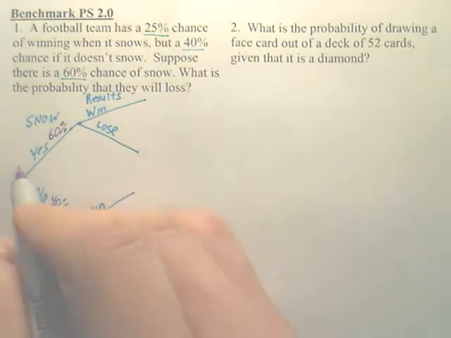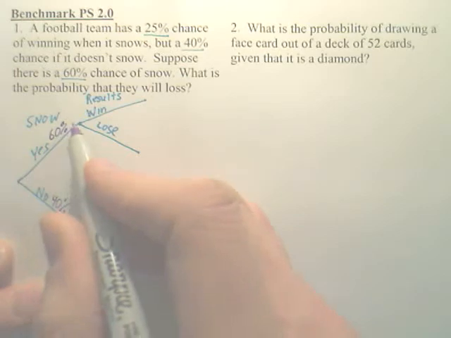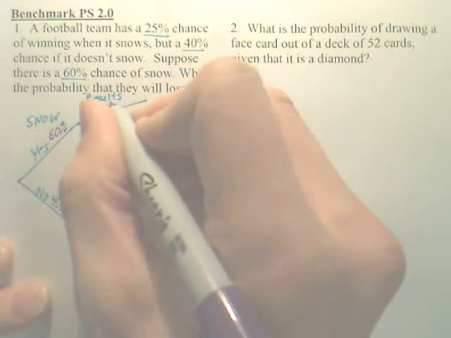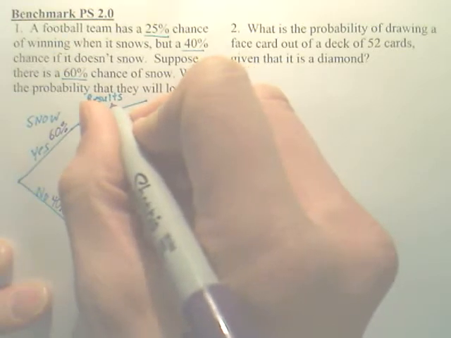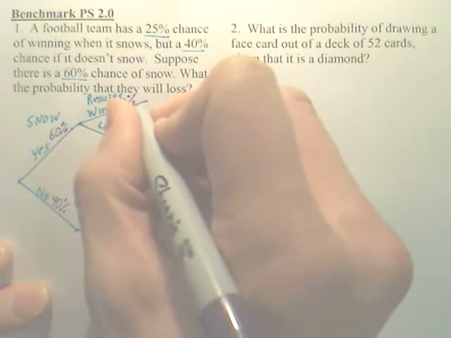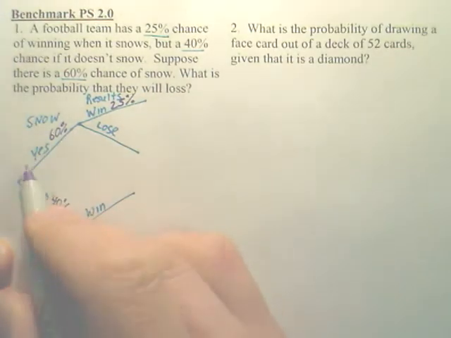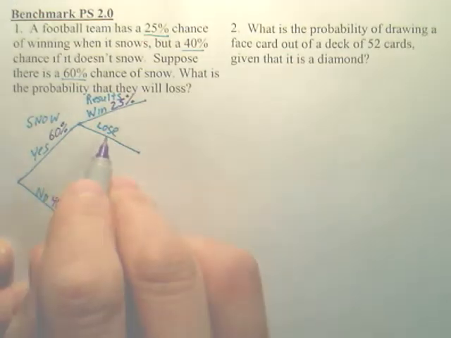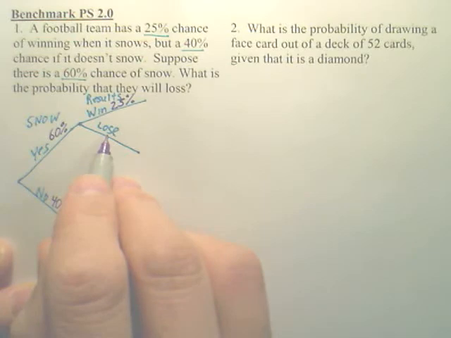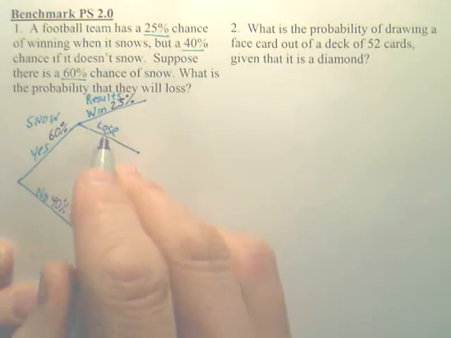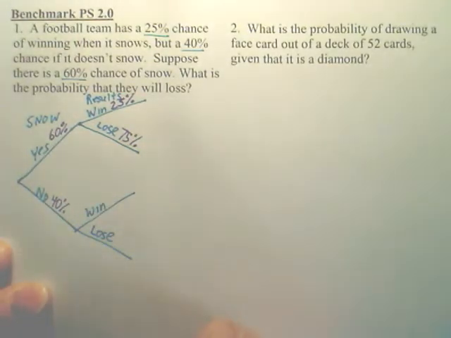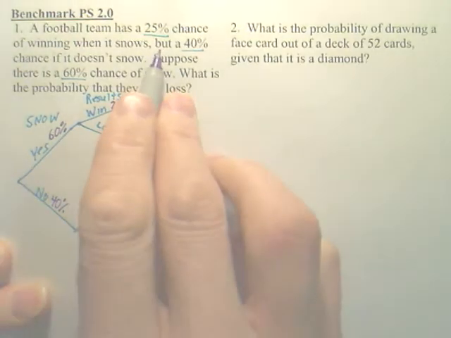So we're on this track, and the 25% goes right there, because if it's snowing, they have a 25% chance of winning. What would the losing be? Don't these two have to add up to 100? So wouldn't this be 75%?